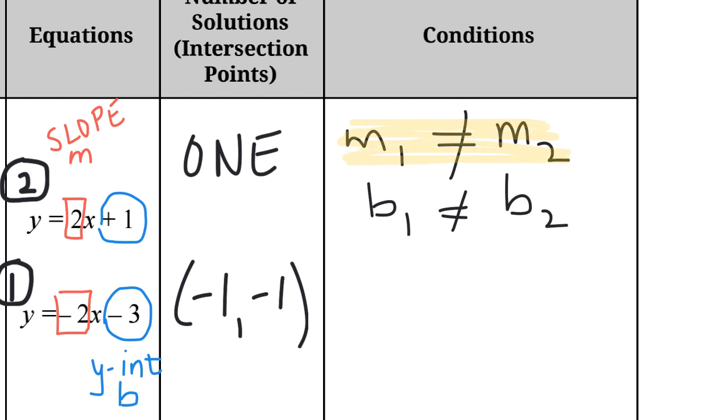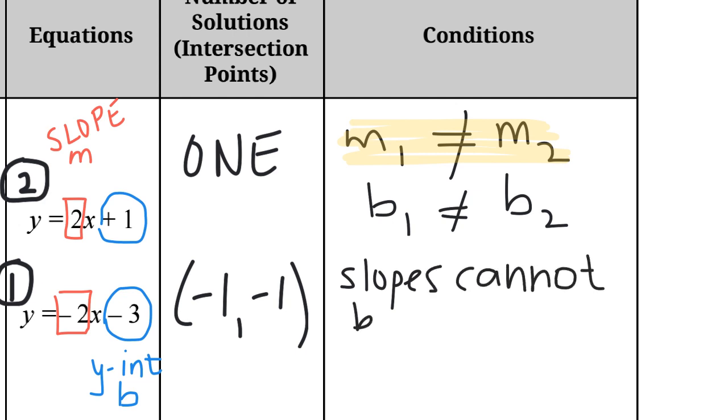And the condition that needs to be fulfilled here is that your slopes cannot be the same. However, with the y-intercepts, they could be the same, they could be different. That doesn't really matter. We care more so about the slope.